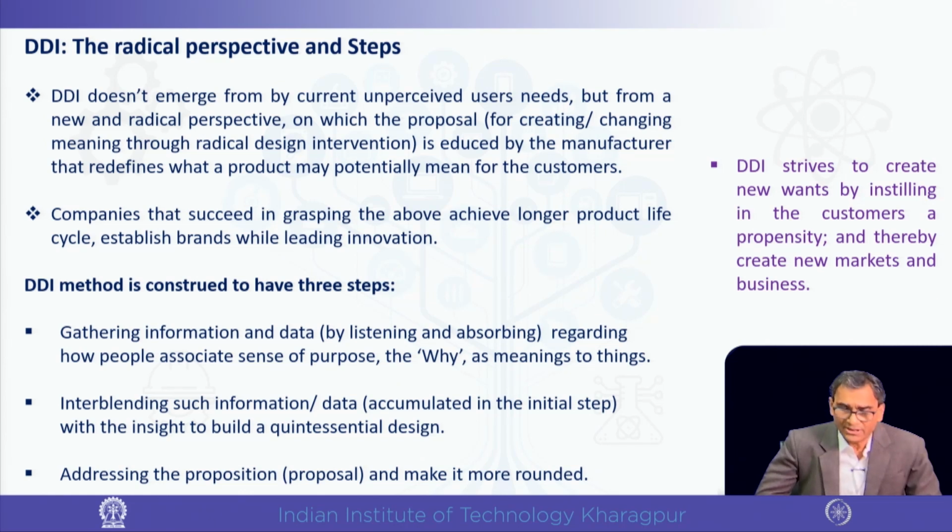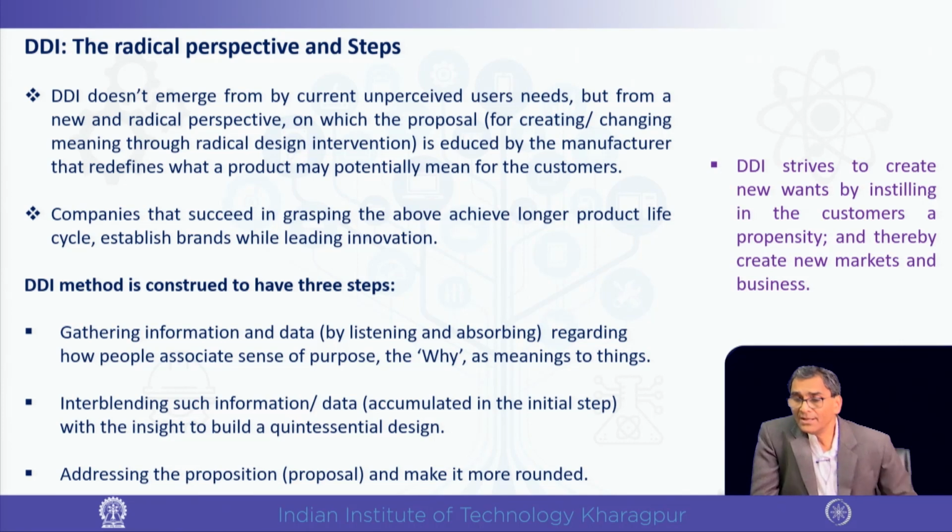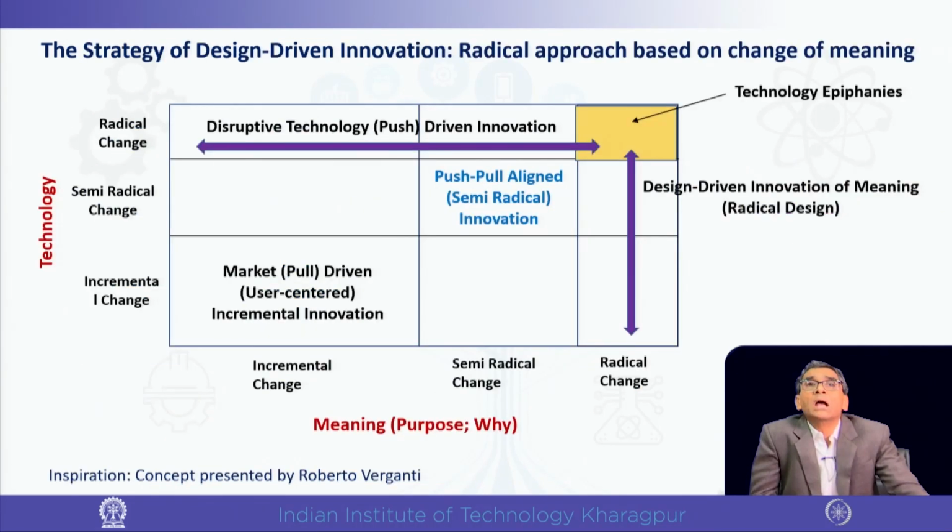Interblending such information or data accumulated in this step with the insight to build a quintessential design, and then to create a more rounded proposition is the third step. So, design driven innovation tries to instill in the customer a propensity that they buy and create a new market and expand or create a new business.